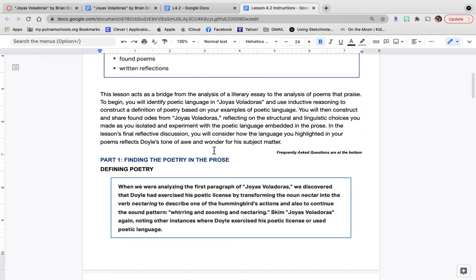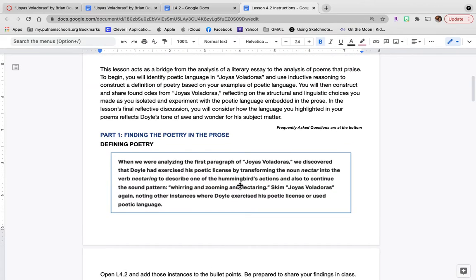And in the lesson's final reflective discussion, you will consider how the language you highlighted in your poems reflects Doyle's tone and awe and wonder for his subject matter. So there's a lot of things in this. It's very packed full of stuff, but like I said, you're able to finish it in one class period.